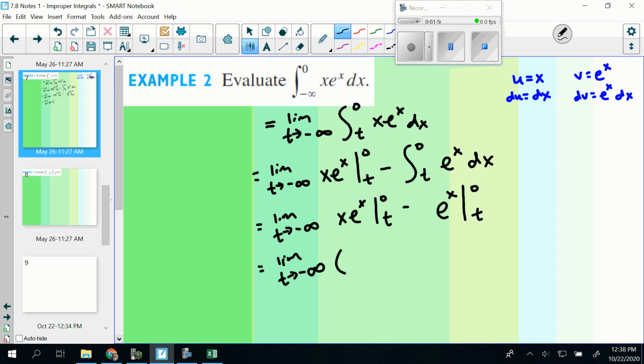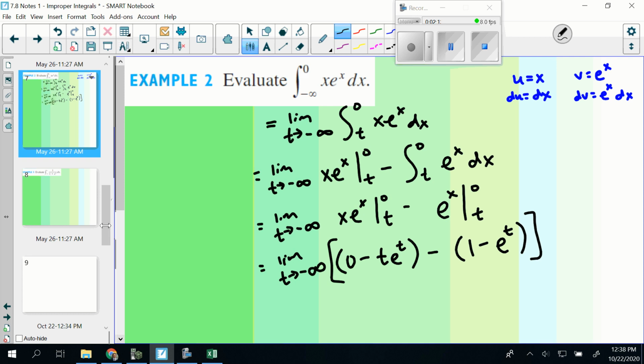If we plug 0 in there, 0 times e to the 0 is just 0, 0 times anything is 0. Minus, if we plug t in, it's t e to the t. Minus the other one, e to the 0 is 1, minus e to the t. Okay, so next we want to keep evaluating.